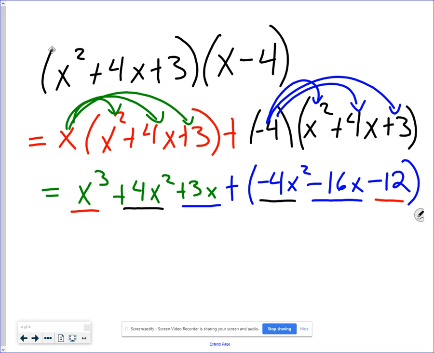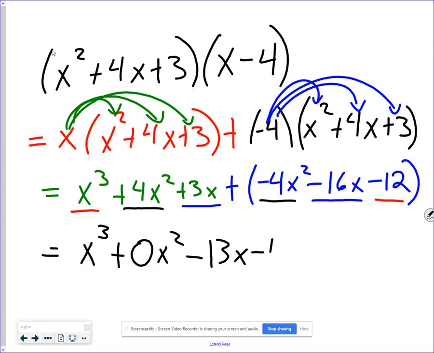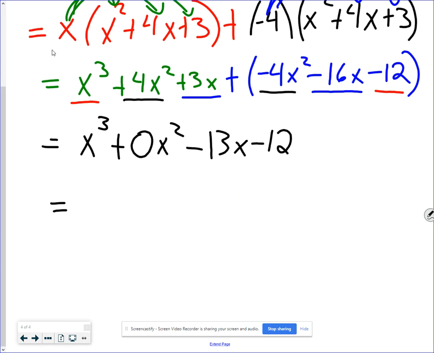So we just have x cubed. We have plus 4x squared minus 4x squared, so that's plus 0x squared. We have plus 3x minus 16x, which is minus 13x, and then we're just left with our minus 12. So since we had that 0x squared, we could just rewrite this to be x cubed minus 13x minus 12, and this is our answer.